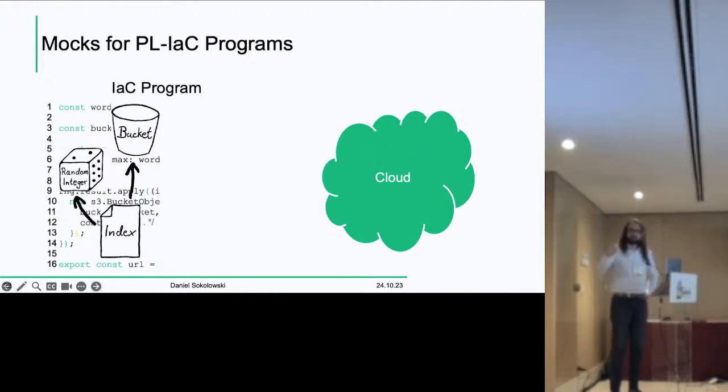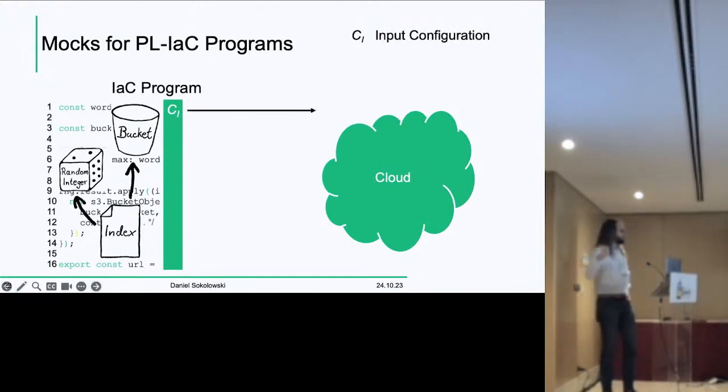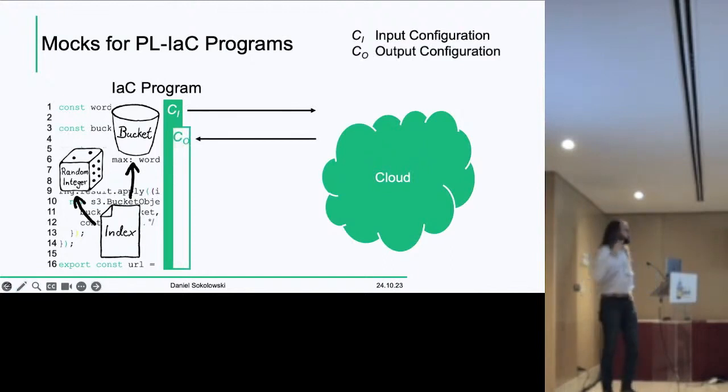What actually happens in our concrete example is we first started off with generating an input configuration for the bucket, for the AWS S3 bucket. Then we called the resource constructor, and that sends the input configuration for that bucket to the cloud, and then the cloud deploys that bucket and returns the output configuration of that bucket. And this output configuration is then available on the bucket's object in the remainder of the program execution.